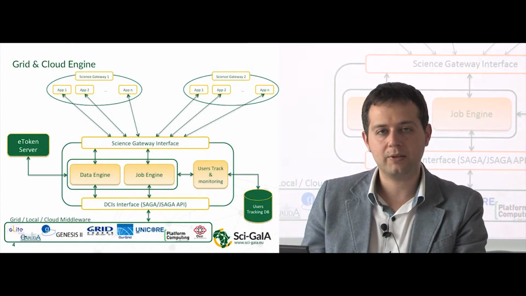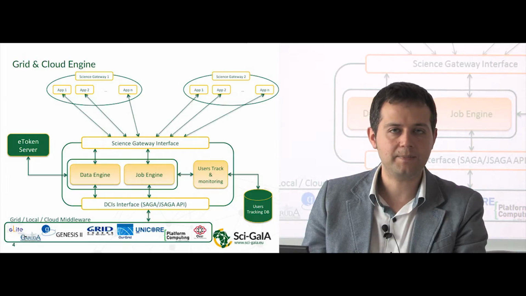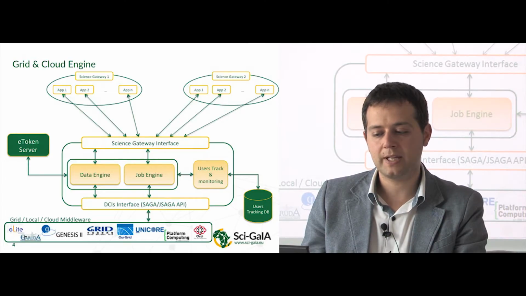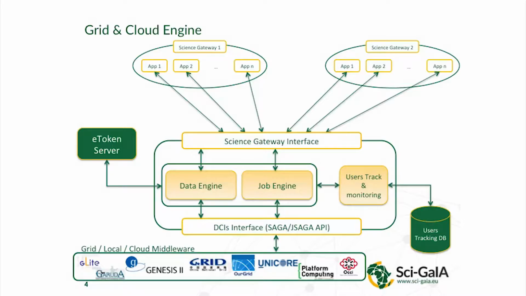Furthermore, the Grid and Cloud Engine has three submodules. The job engine, that is responsible for job management, the data engine that handles data on DCI, and both of them interact with the user tracking and monitor module that stores into the user tracking database each user interaction with the DCIs.